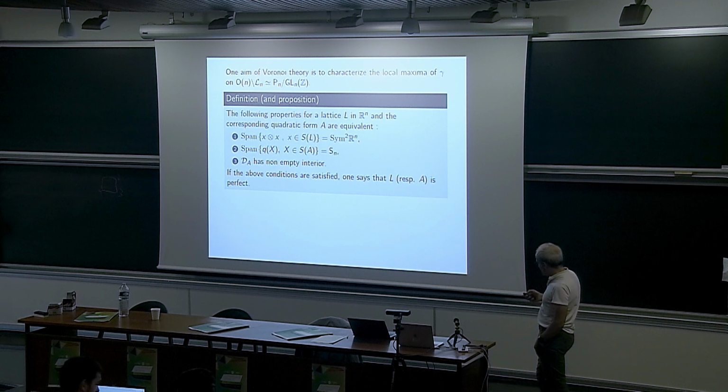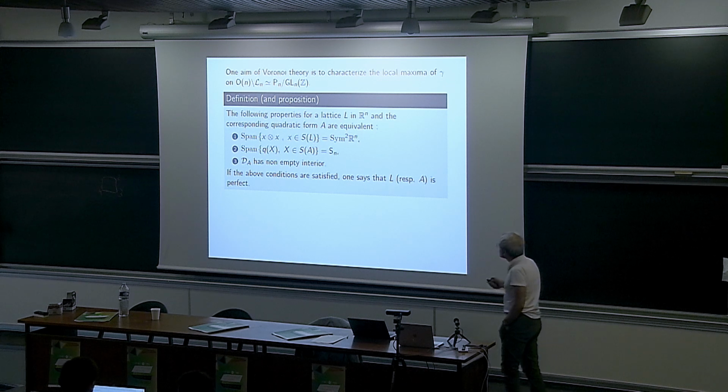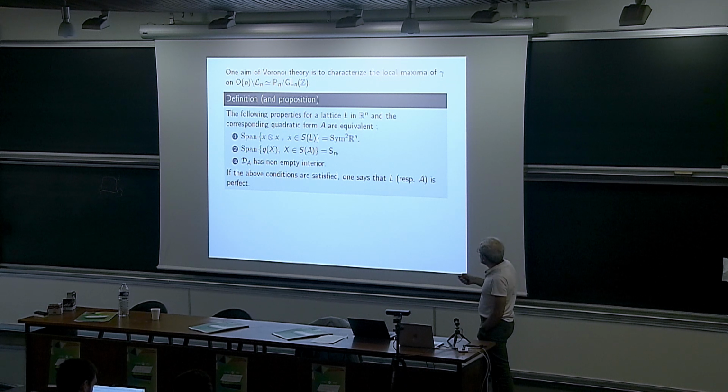Just to summarize what you can read on this slide, I will just keep the third version, which is that a quadratic form is perfect when its Voronoi domain, as defined before, has maximal dimension, which I can formulate by saying that it has non-empty interior.